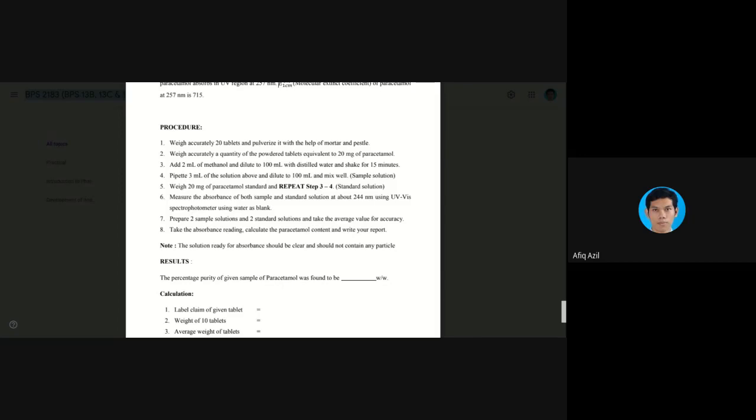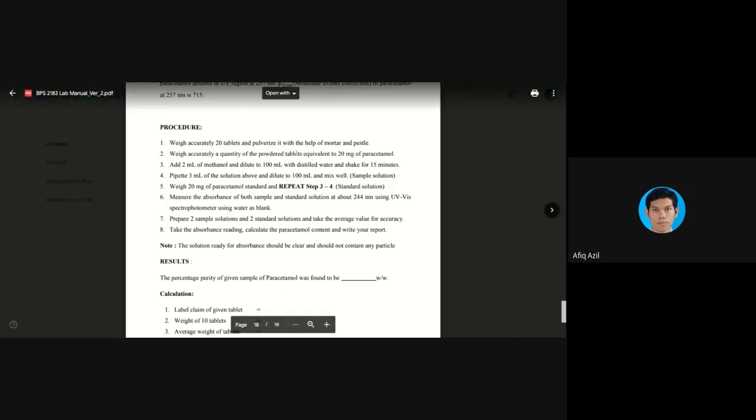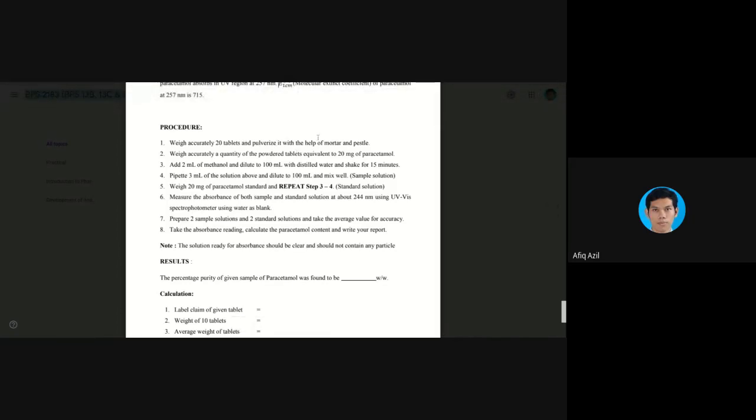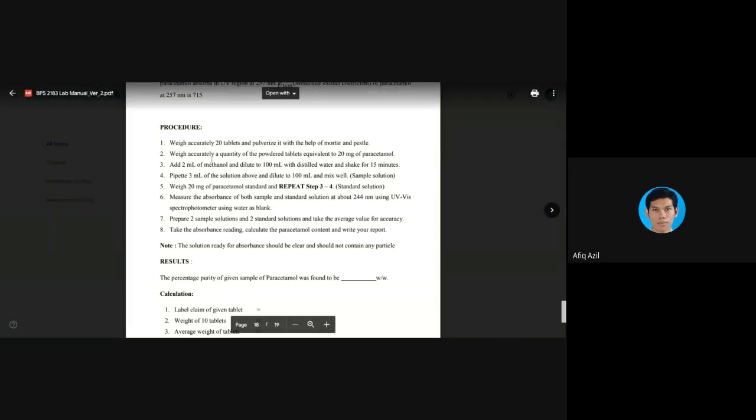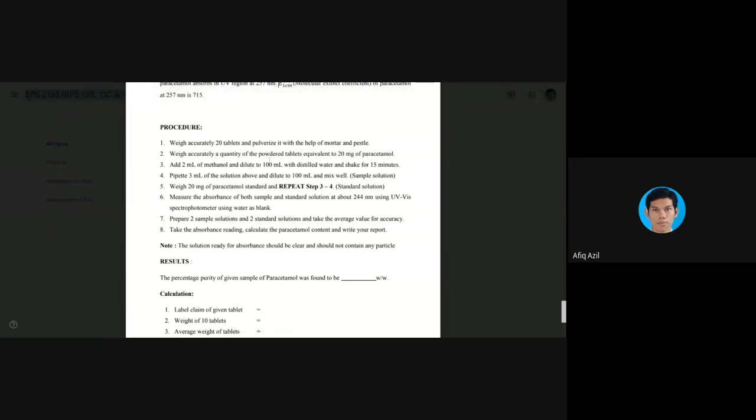So normally they will take around 20 tablets to use for the assay test. Once you weigh the 20 tablets and pulverize them to a very fine powder, you weigh accurately a quantity of the powdered tablets equivalent to 20 milligram of paracetamol.